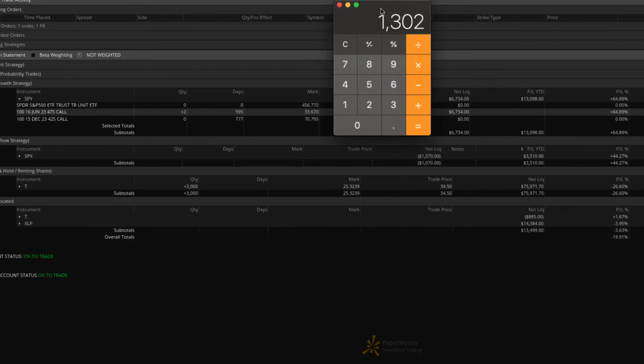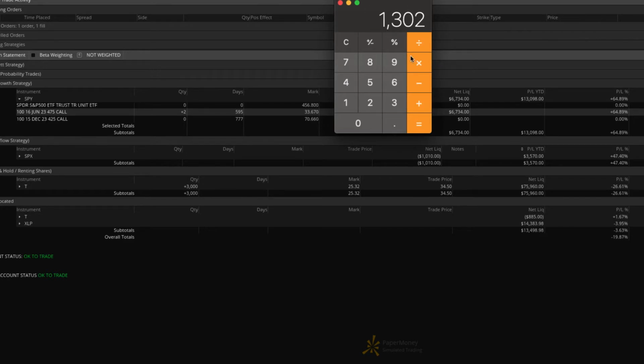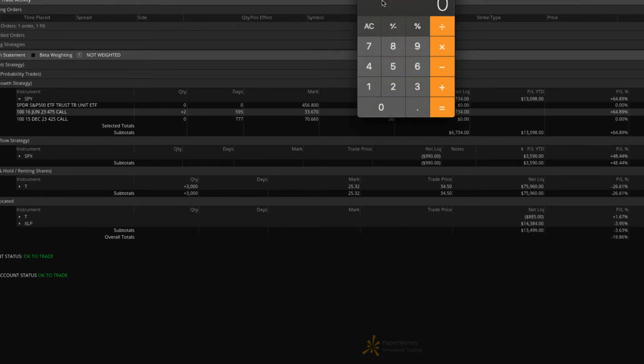The whole point of the 3x growth strategy is to 3x our initial risk. If we multiply that times 3, that's $3,900. Our initial trade made $1,299.